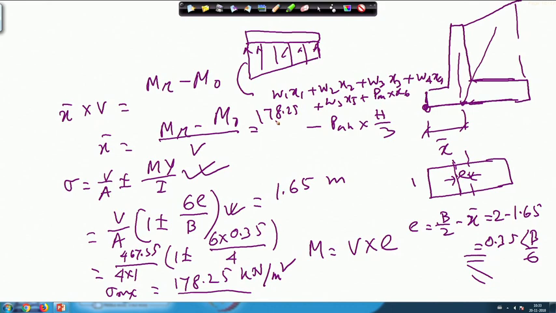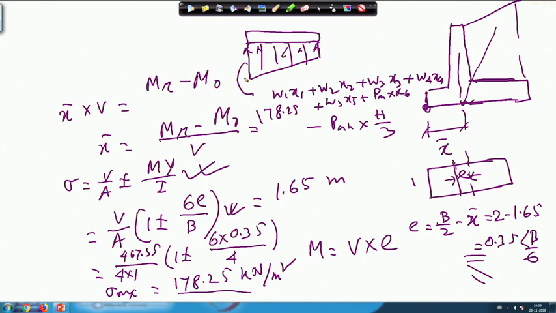In fact, whatever value is given, we have to compare. Here it is given 200, and the value is less than that. But sometimes it may be desired that you give a factor of safety of 1.5 or 2. In that case, you have to find the ratio and check that it is 1.5, 1.6 or 2, whatever is expected.